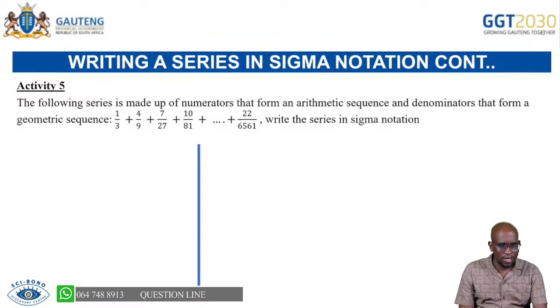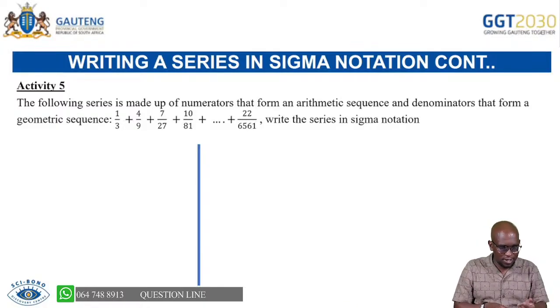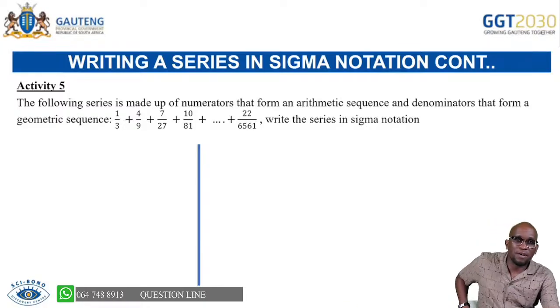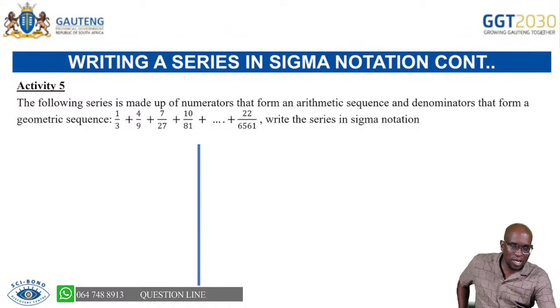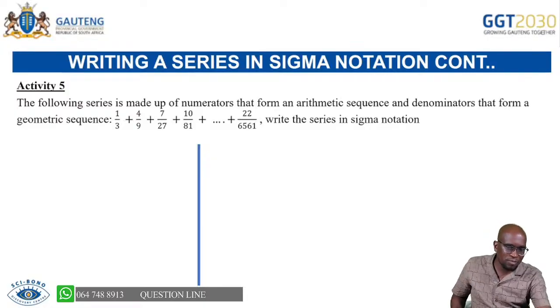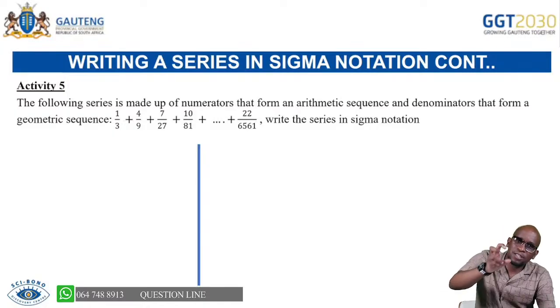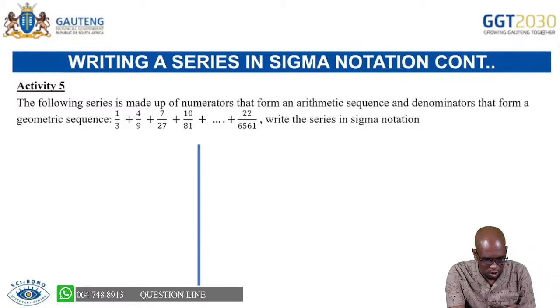Right, hello and welcome back. Let us look at this one, the interesting one, where we have a combination of sequences, a quotient containing numerators that are arithmetic and denominators that are geometric. Now, in order to work with this one, what we're basically going to do is we will analyze the numerators on their own, analyze the denominators on their own.